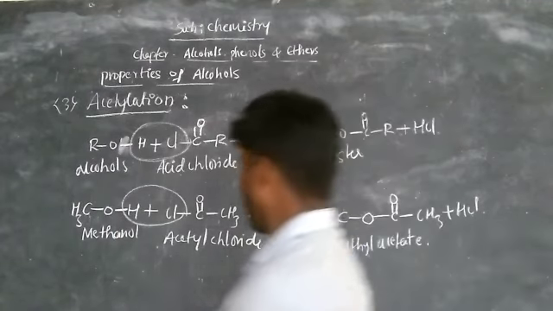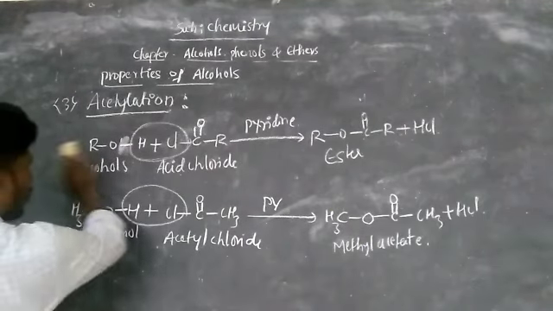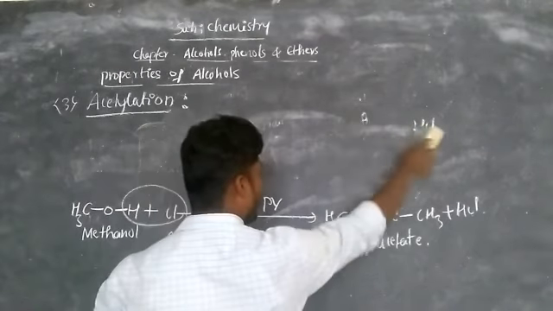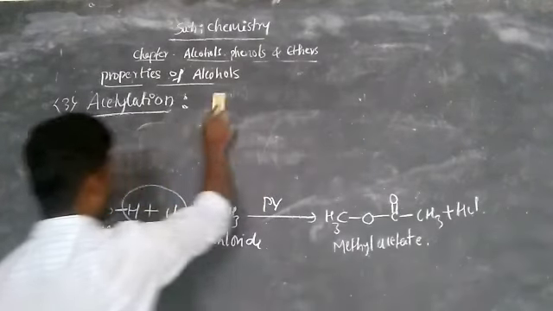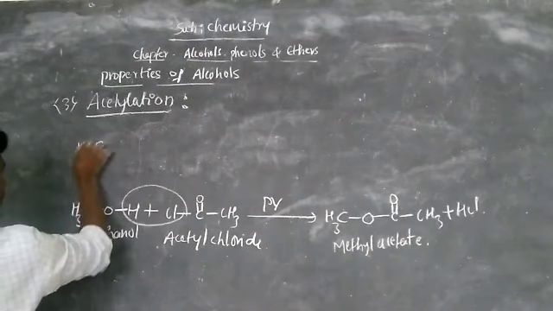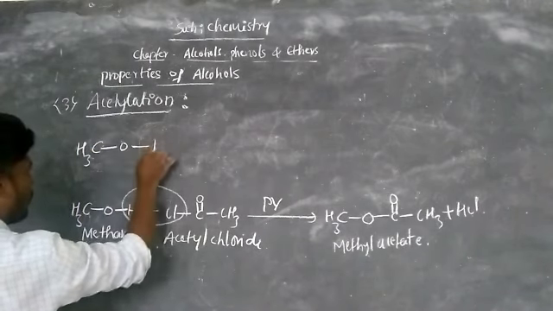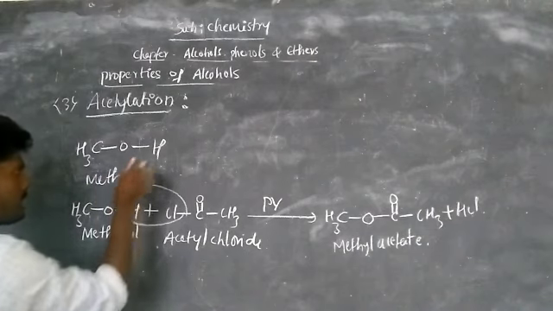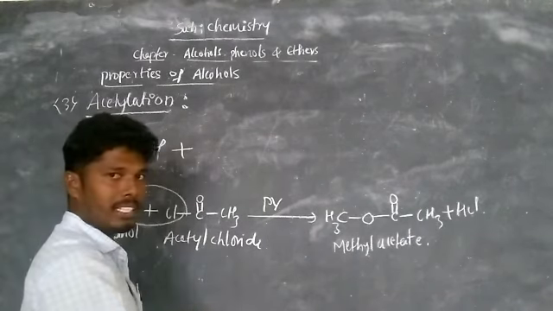Now one more example, see the alcohols that we get with acetic anhydride. Acetic anhydride is also one of the carboxylic acid derivatives. Observe CH3 bond O bond H. We are taking methanol. This methanol is treated with acetic anhydride.